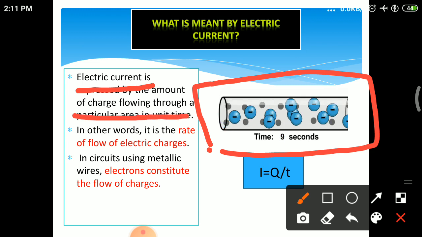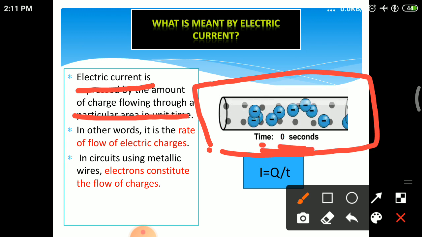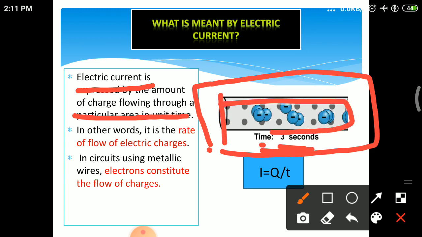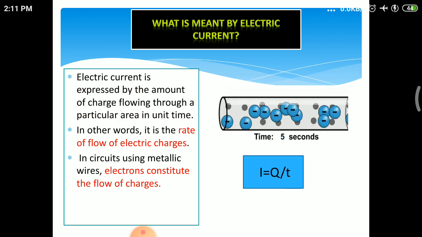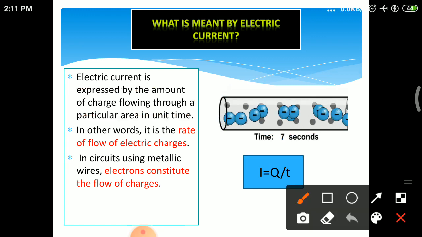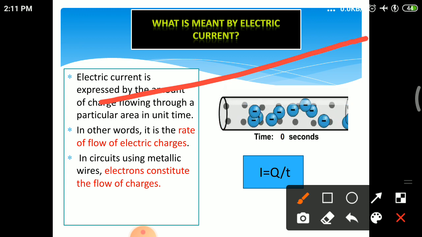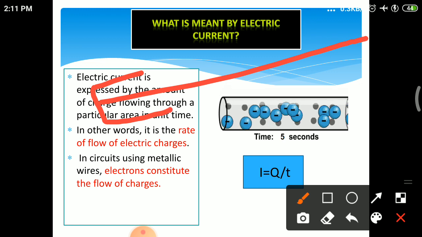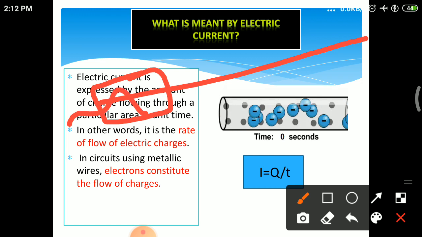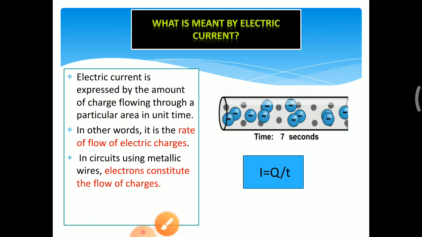Here time is running, and this is one unit area in the conductor. If you take a conductor, it is this long, but I took only one small unit area. So how much electric charge flows through a unit area in unit time, that is called electric current.